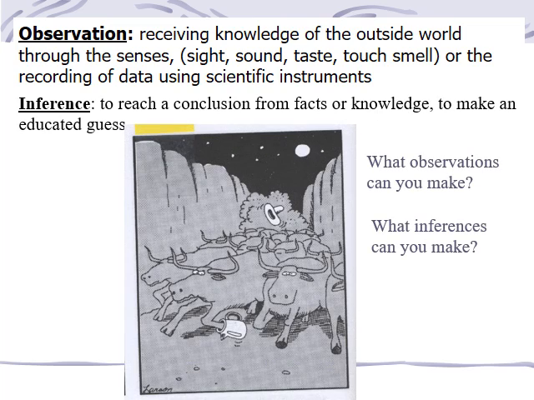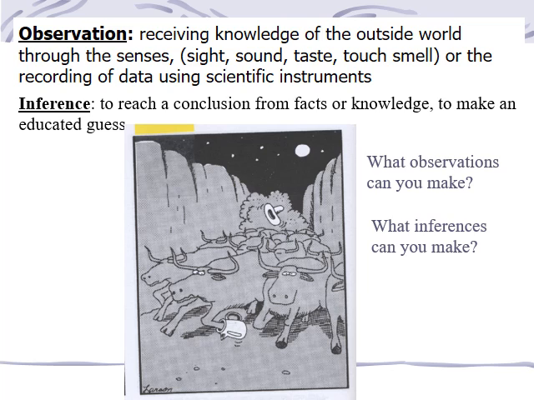So to help us along with this, I've put in a few cartoons to test out your skills in getting the differences between observations and inferences down. So in this cartoon, a simple question for me might be something like, what are three observations you can make? What do you know for sure is actually true based upon this picture?